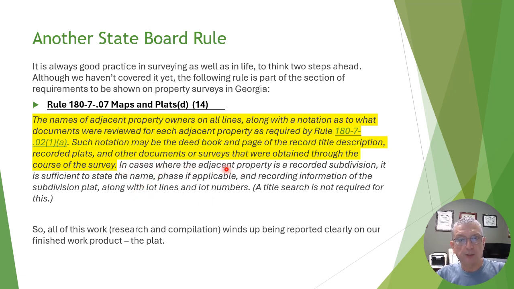It's also notable that if it's a recorded subdivision plat, then the name, the phase, and the recording information is all that's really necessary. If it's simply lot 17 of an adjacent subdivision, you don't have to put "now or formerly John Doe, deed book such and such." The plat recording information is adequate.